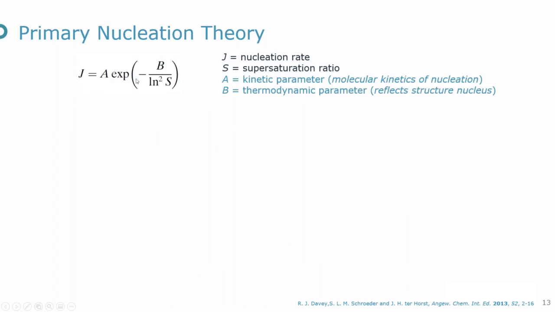It shows J, the nucleation rate, so the number of particles formed per volume per time, which depends on a kinetic parameter A, which tells you something about the molecular kinetics of nucleation, and a thermodynamic parameter B, which reflects more the structure of the nucleus. It also depends on the supersaturation ratio.